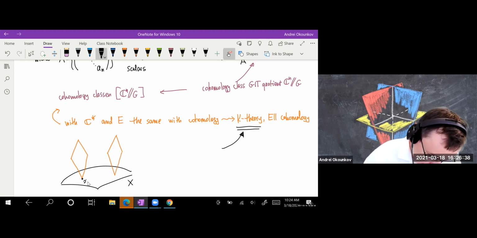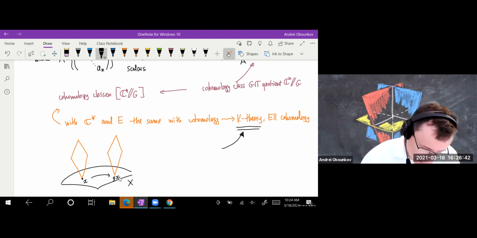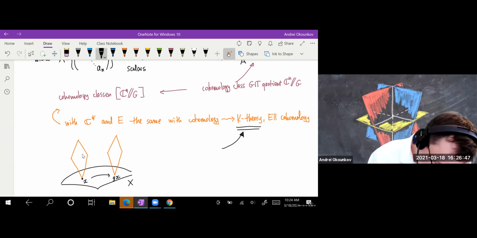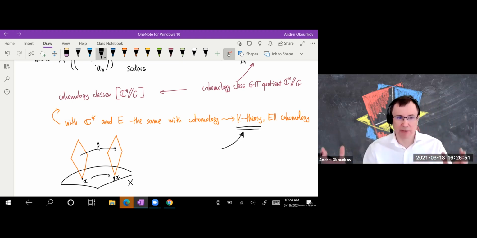So take a point x, and if I have some element that takes it to gx, then I would like to have a vector bundle which is equivariant under the group. That means there is an action on the total space of the bundle, which is linear on the fibers and covers the action on the base.